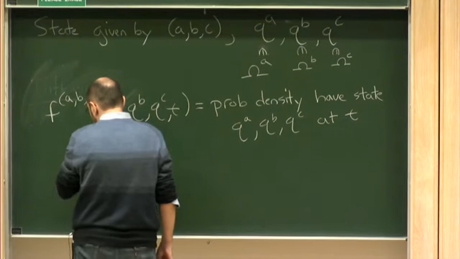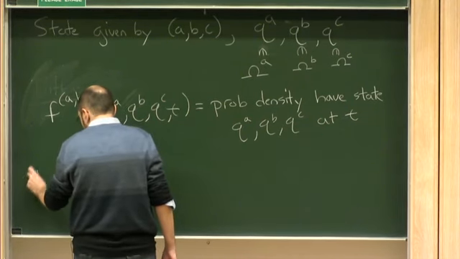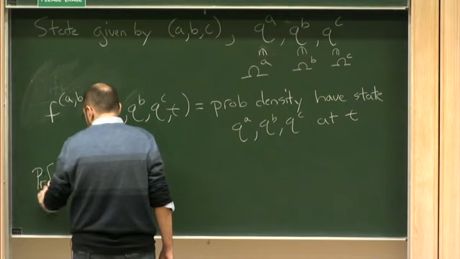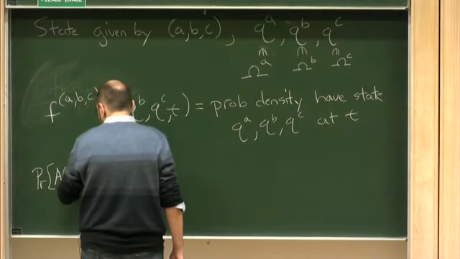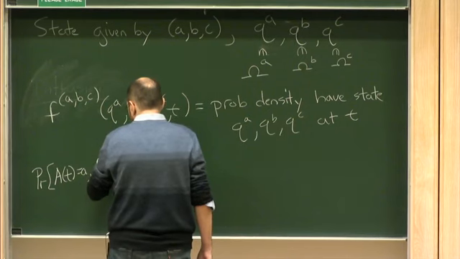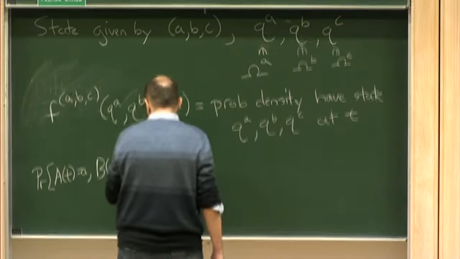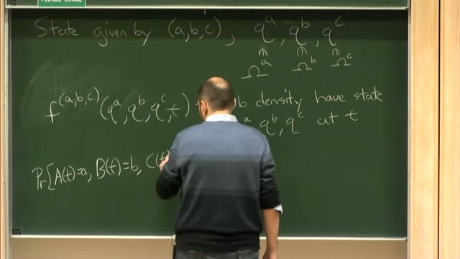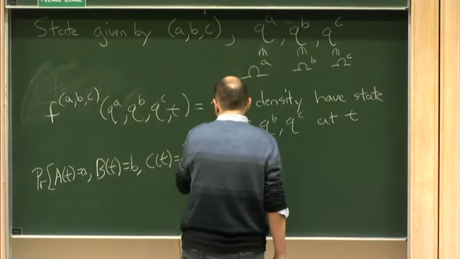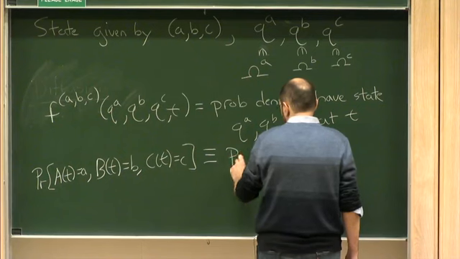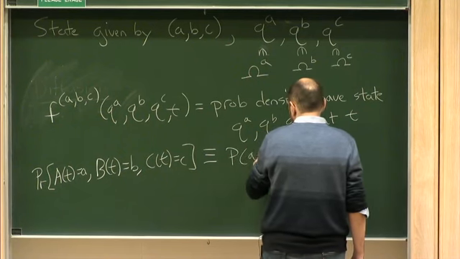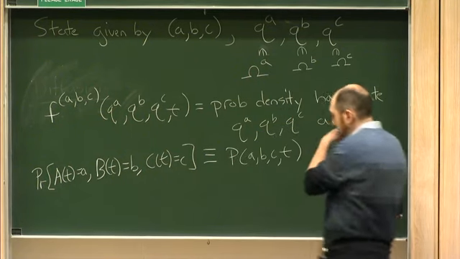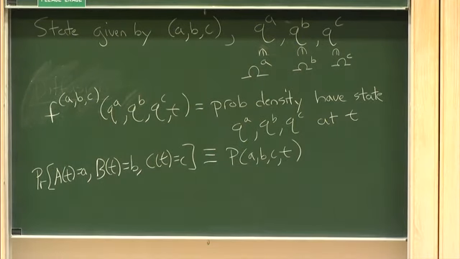I'm going to call the probability that A of t is A, B of t equals B, and C of t equals C, let's define that to be P of A, B, C, T. This is essentially the density for the system ignoring molecule positions.